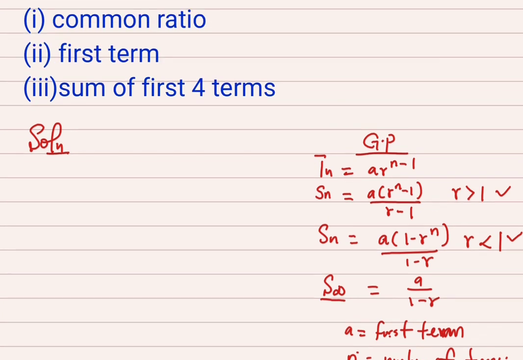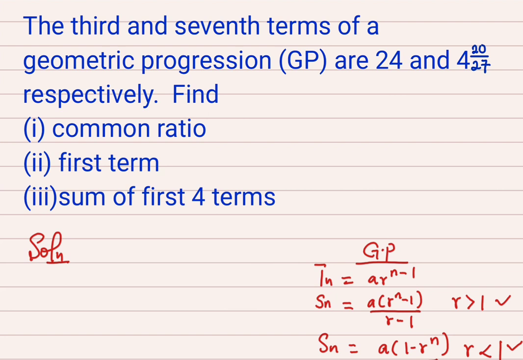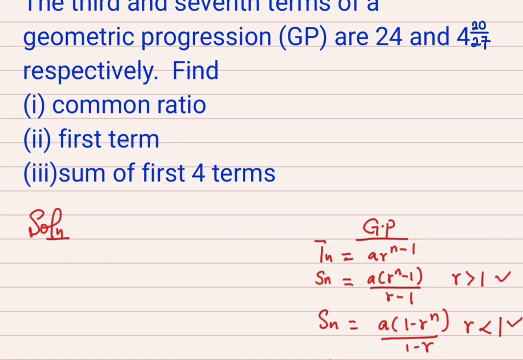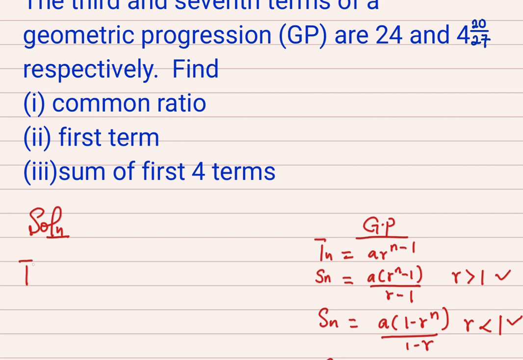So let's begin. Please listen to me very well. Whatever you are given in the question, if you want to solve it successfully, write it down. We are given the third term, T3, as 24. Then we are given T7, which is 4 20/27.